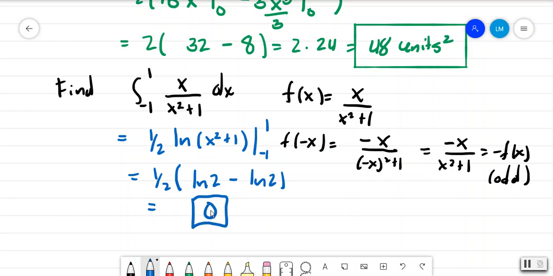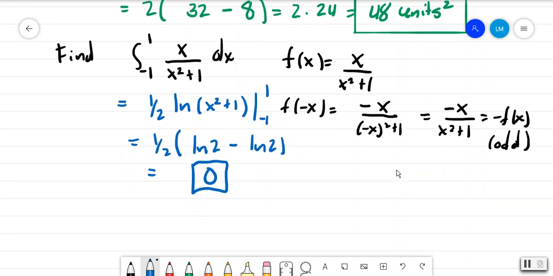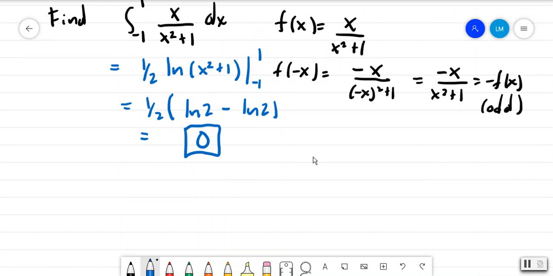Keep in mind that if we wanted the total area, then in this case it would be totally different. We would have multiplied by 2, meaning that the answer would have been natural log of 2, but that's not what it says. So this is just going to be 0.